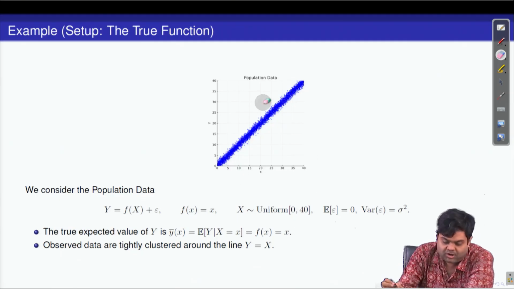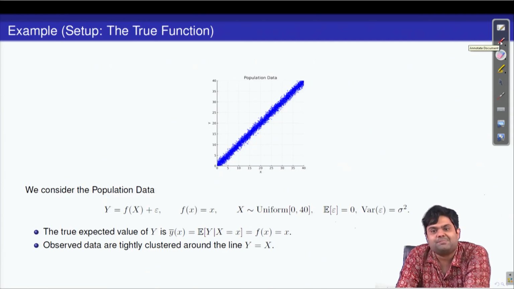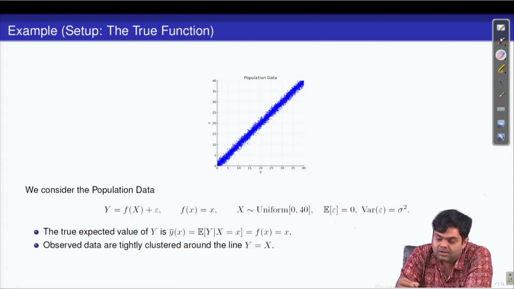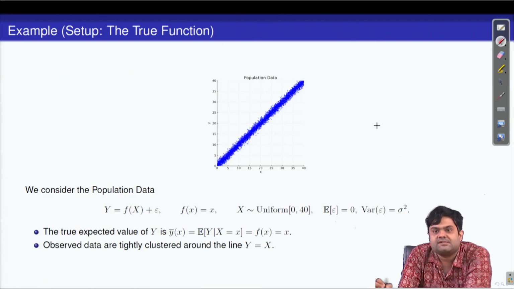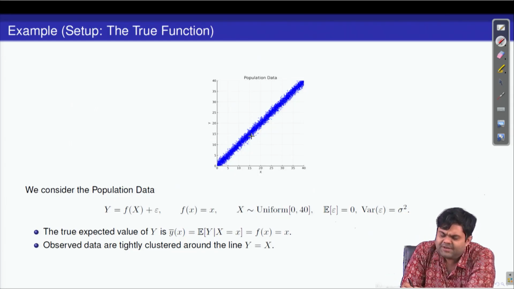What will be a very nice prediction? What will be a nice prediction? Least square estimate.